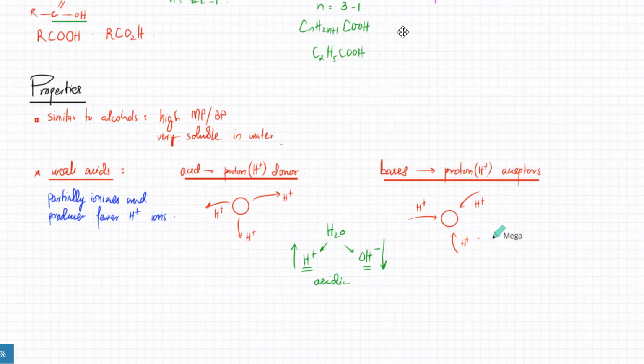If it is a base, what will the base do? It will decrease the concentration of H plus 1. The concentration of OH ions would, vice versa, go up. So that was the whole concept about pH, about acids and bases. That acids are molecules that produce H plus 1 ions and bases accept them.